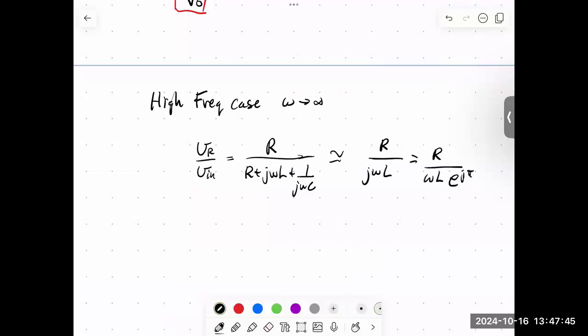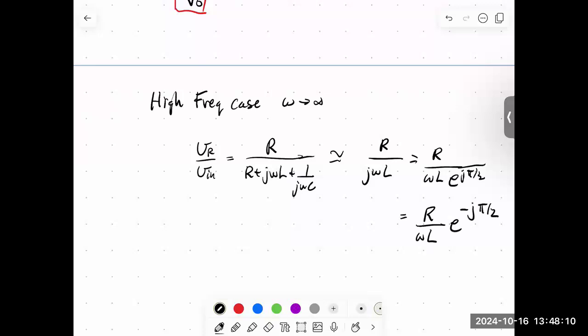So, I could move the exponential up to the numerator if I wanted to. So we get R over omega L. Oh, that's kind of nice. That's what we've seen on our plot of the ratio of amplitudes. e to the minus j pi by 2.